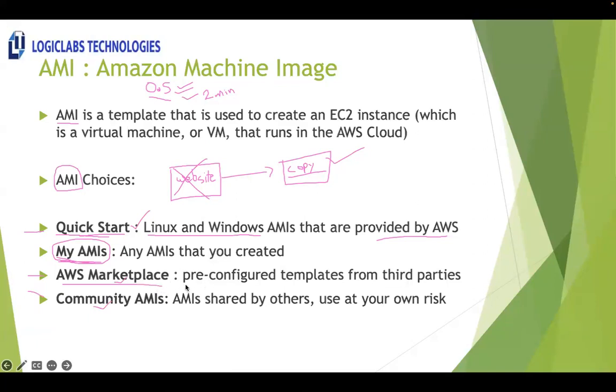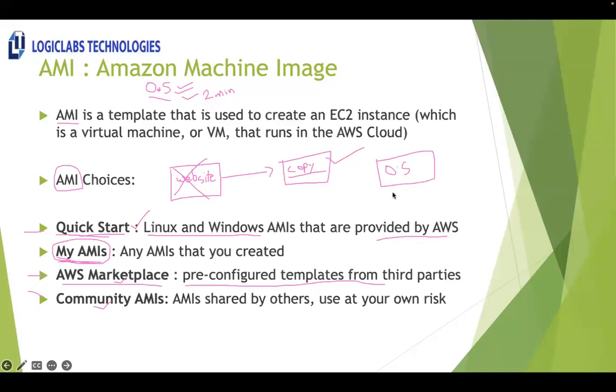In that Marketplace, pre-configured templates from third parties are available. For example, Quick Start AMI will provide you a plain server, only the operating system. You have to select which type of software you want to install in this operating system.